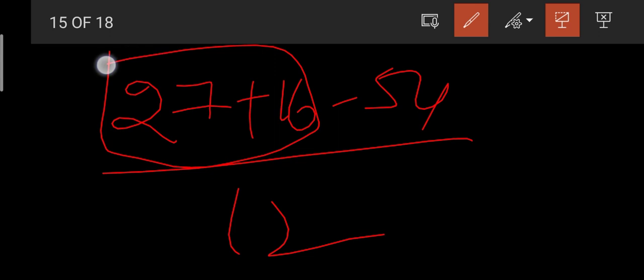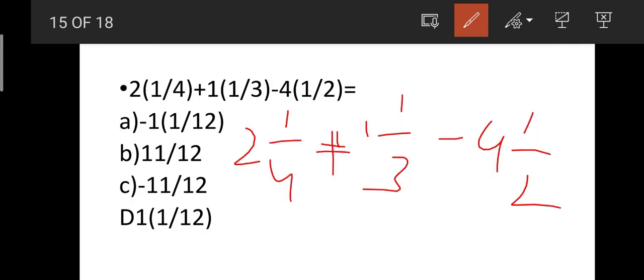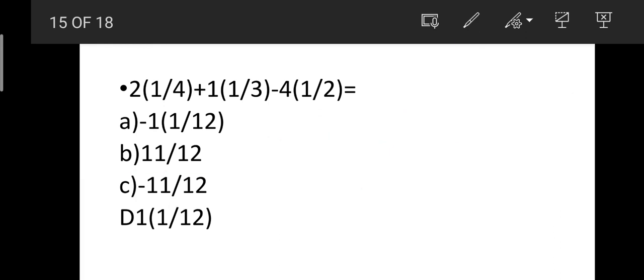As 27 plus 16 is less than 54, if we subtract these numbers, our answer should be negative. Okay, here our answer will be minus 11 by 12. Then this is our answer, minus 11 by 12. Okay friends, now we will move to our next question.